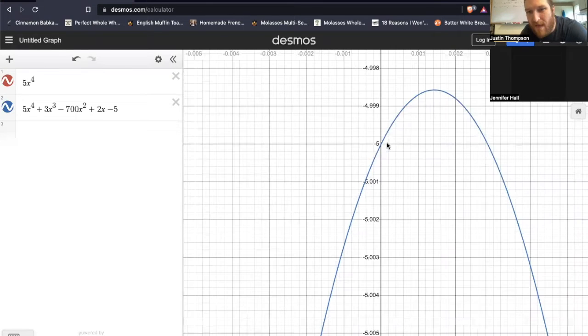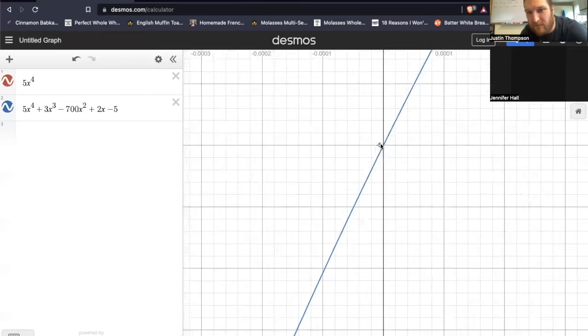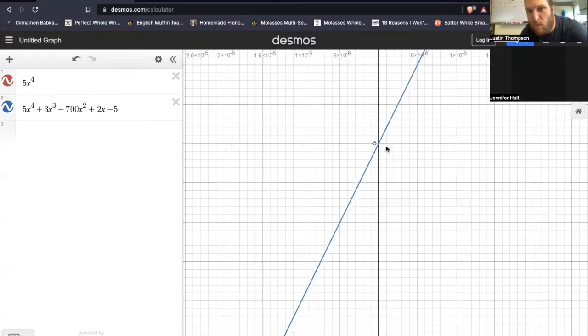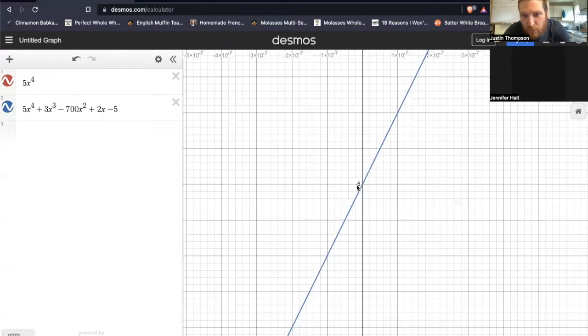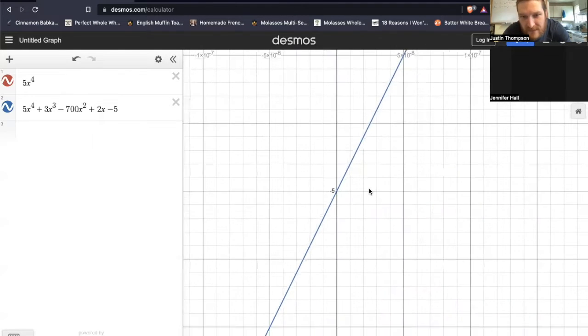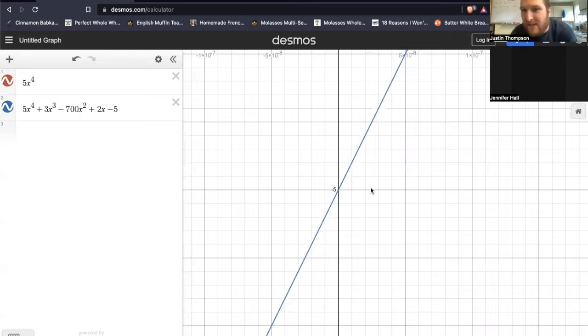And if we zoom way in, look, I'm zooming in very far here. If you could see at the top, we have 1 times 10 to the negative 6. So that's a millionth. We're within a millionth of this thing. But as we zoom in really close here, this thing looks exactly like 2x minus 5.